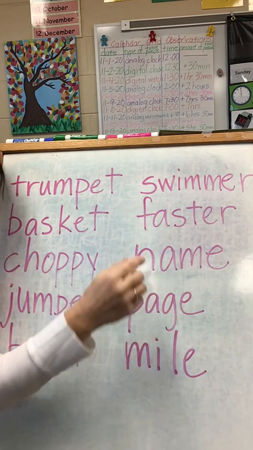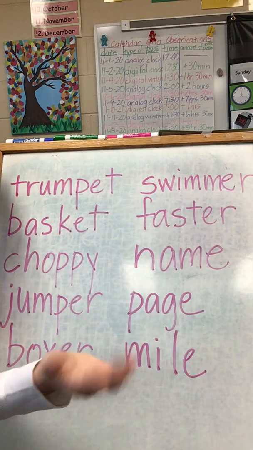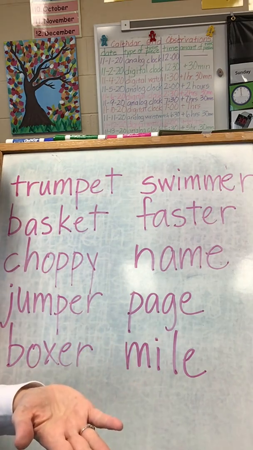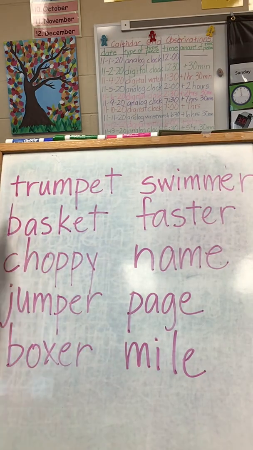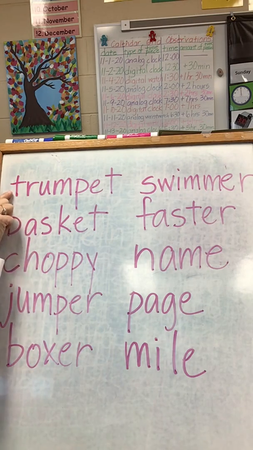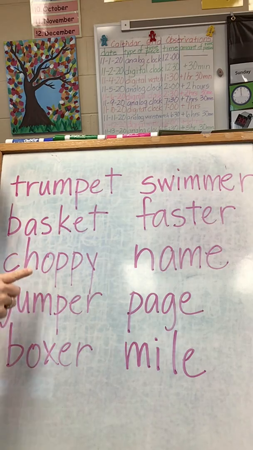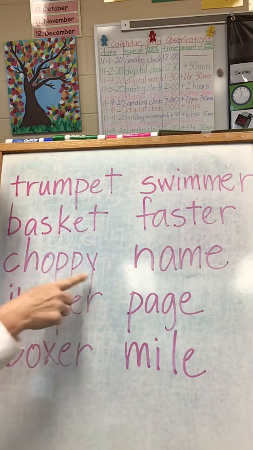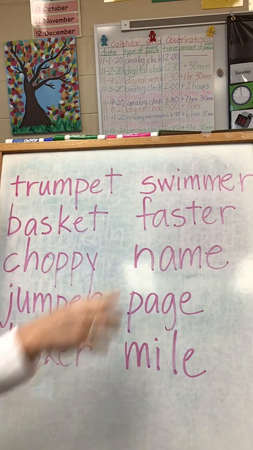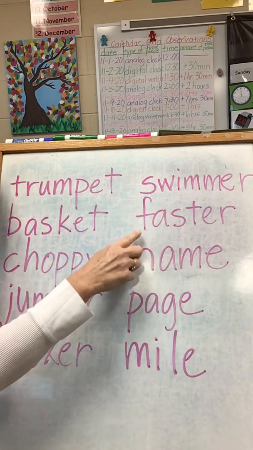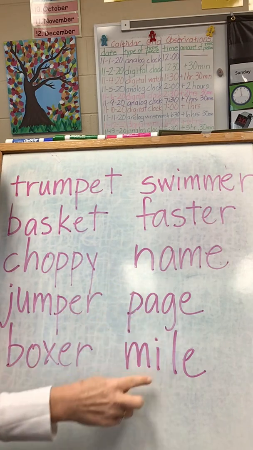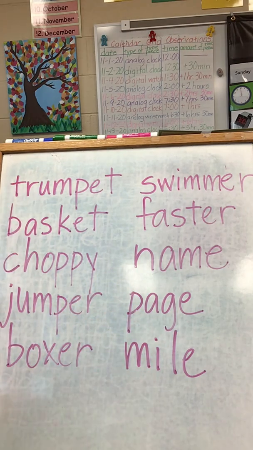Faster, name, page, and mile. Okay, let's say them one more time. This time you don't have to repeat after me. Trumpet, basket, chopper, choppy, jumper, boxer, swimmer, faster, name, page, and mile.